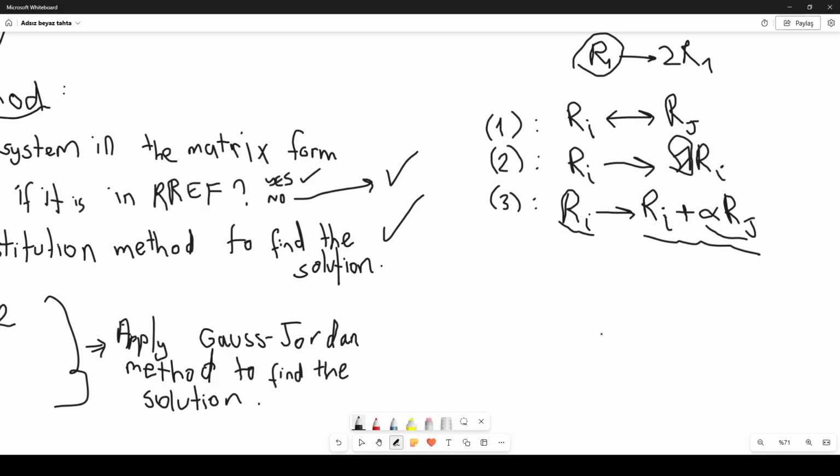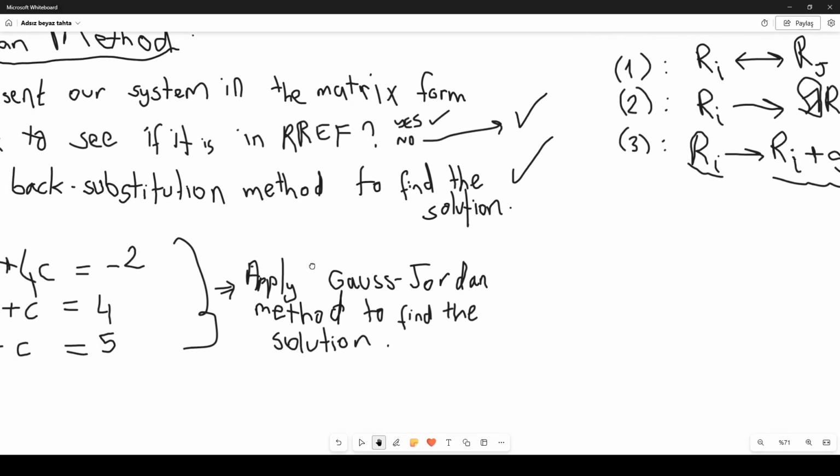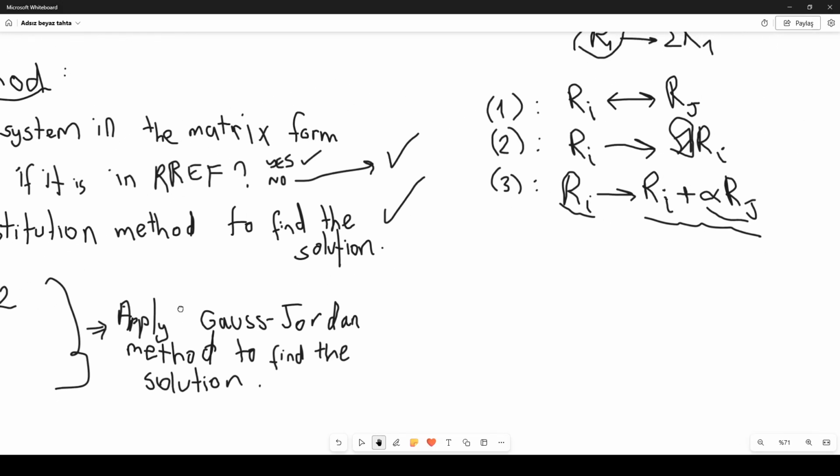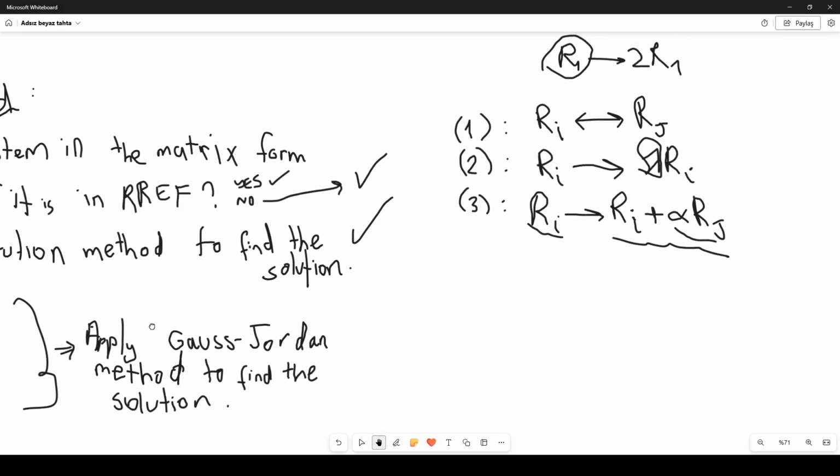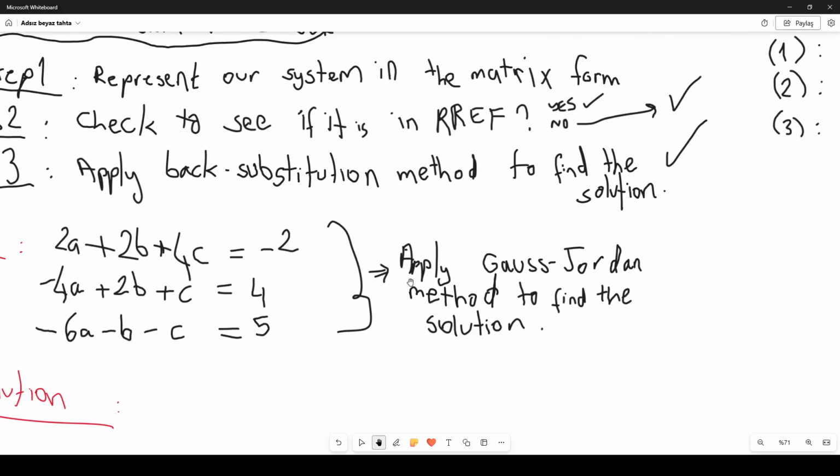So this does not change the solution set at all. We proved that in our previous lectures, right? These really help us obtain an equivalent system for the original system. This is just a quick reminder before getting to the details of applying the Gauss-Jordan method to find the solution. Alright, let's get back to our point.